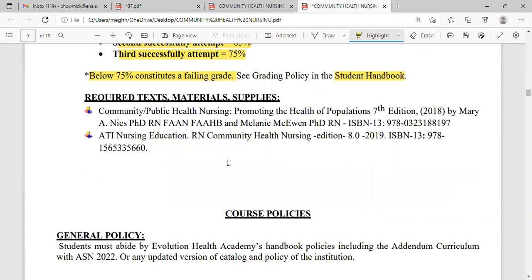So what resources should we follow, right? One of the books is called Community and Public Health Nursing: Promotion of the Health of the Population, 7th edition, by Murray and Nies, the authors' names. Also, the ATI Nursing Education book, called RN Community Health Nursing.